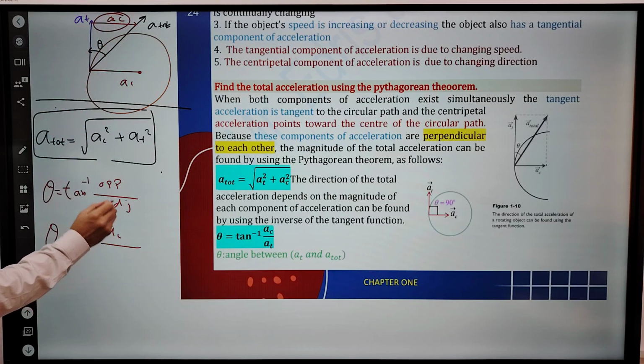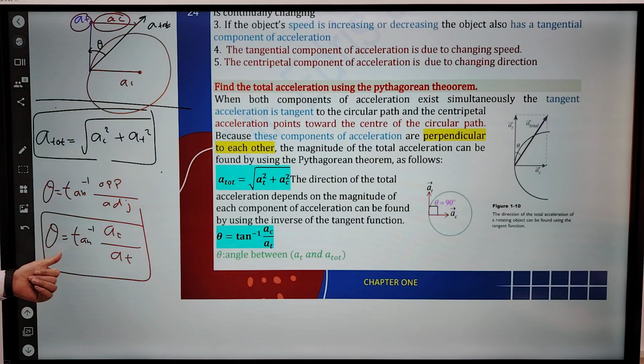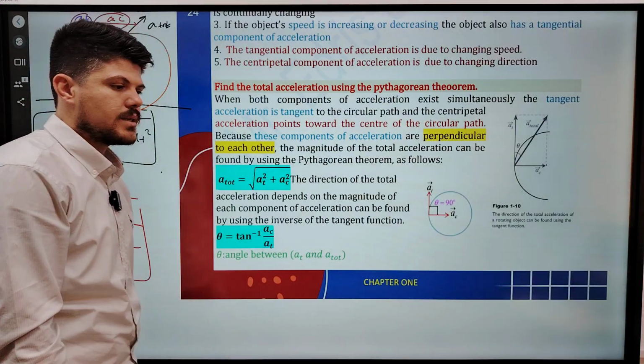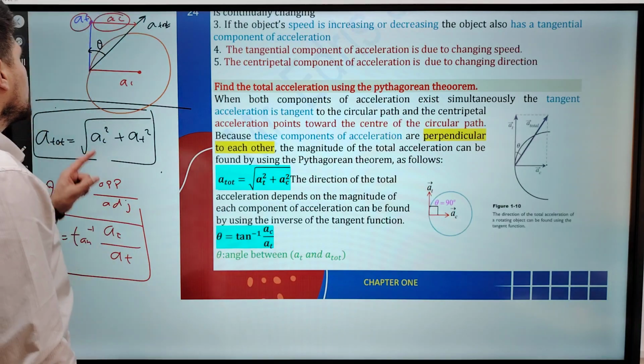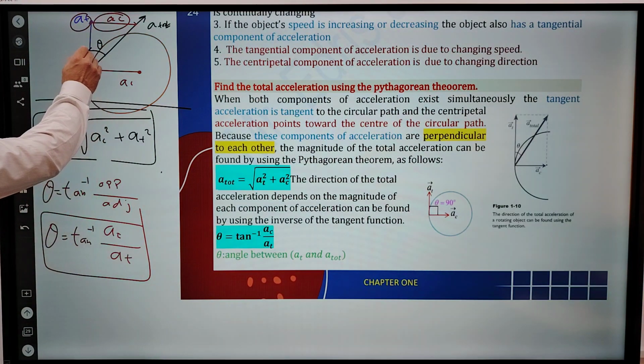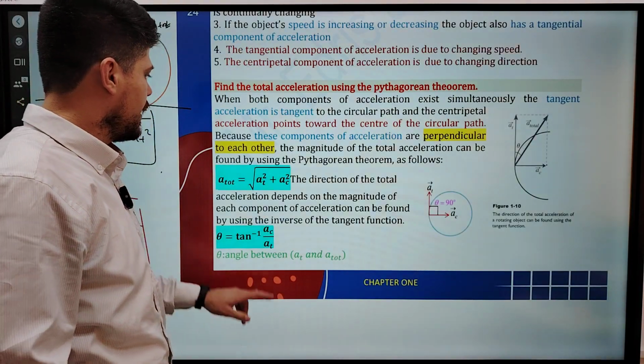We have AC divided by the adjacent, AT. So in this way, we can find the angle of the total acceleration. What is the angle between AT and AC? It is always perpendicular between AC and AT.